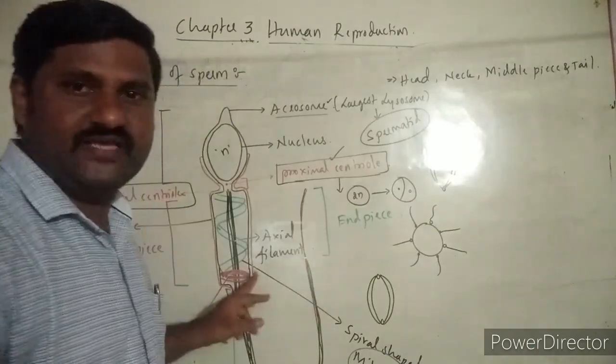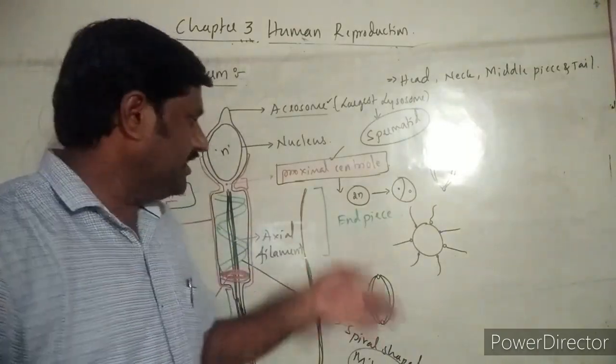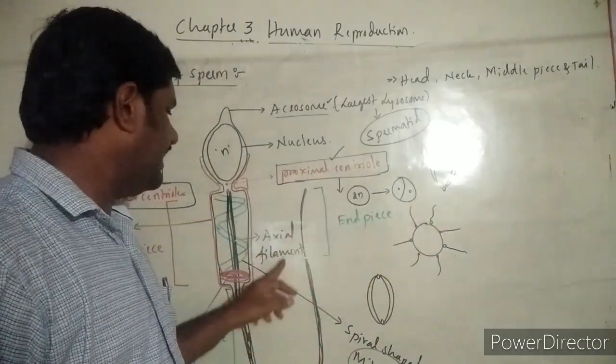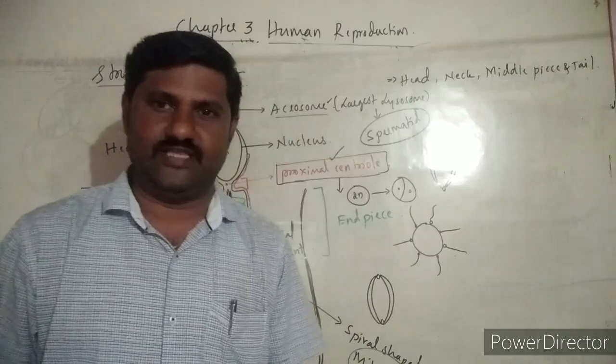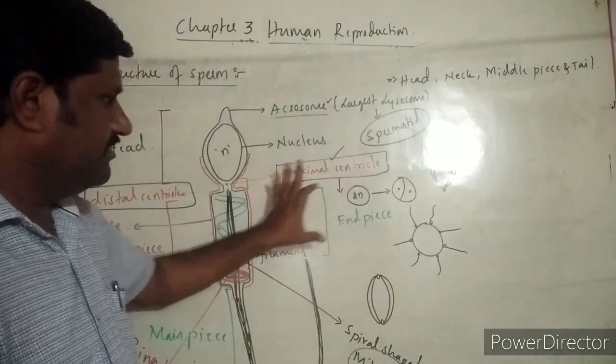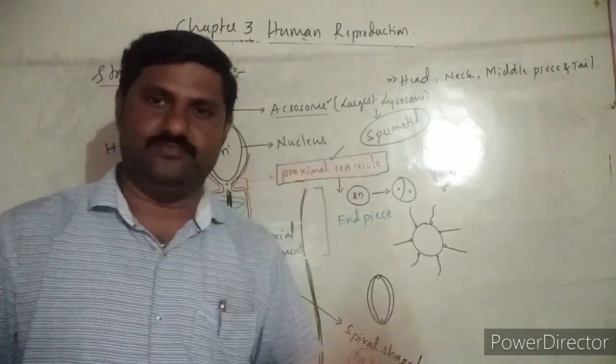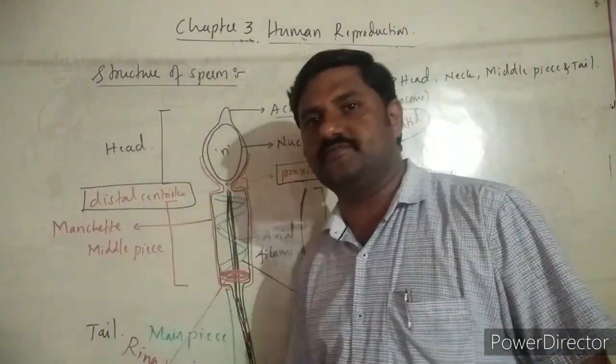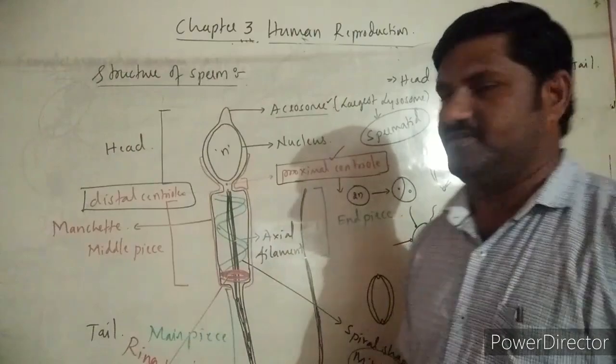In the main piece you will come across cytoplasm. In the end piece a naked axoneme or naked axial filament is present. That is the end piece of the tail. This is the only difference between the main piece and the end piece of the sperm.